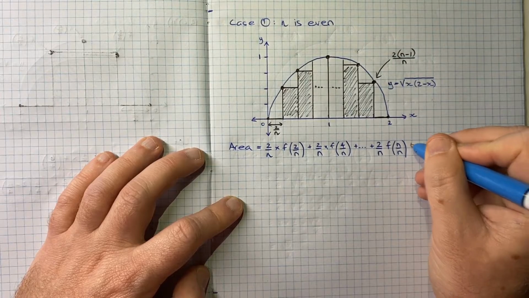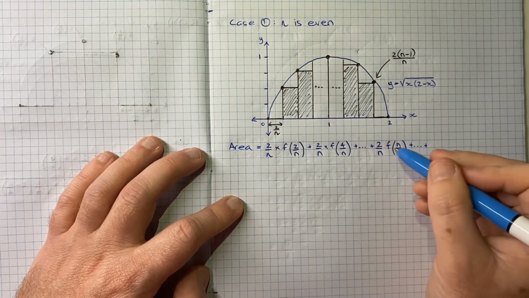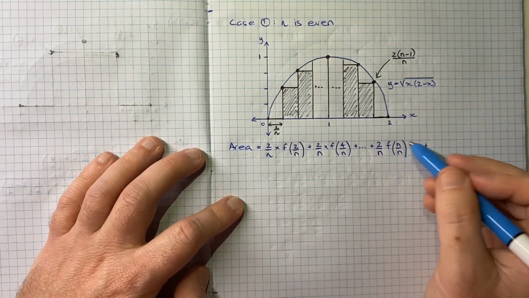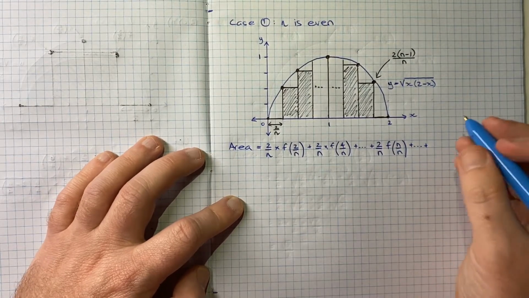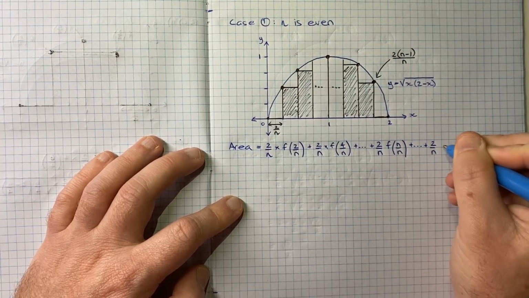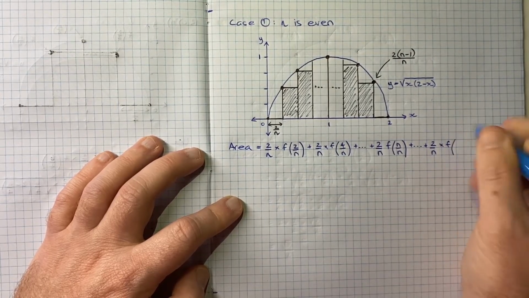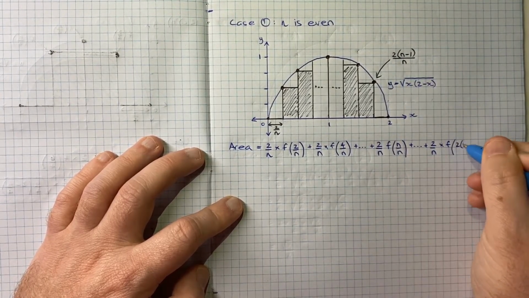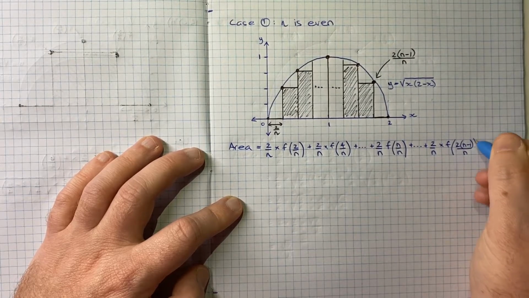And then we're going to keep with that pattern, always moving up in a 2 on n, until we get to our last rectangle that we know will be 2 on n times the function at, in this case, 2n minus 1 on n.